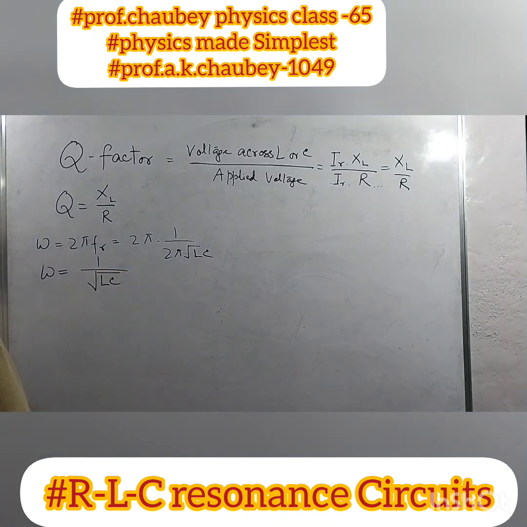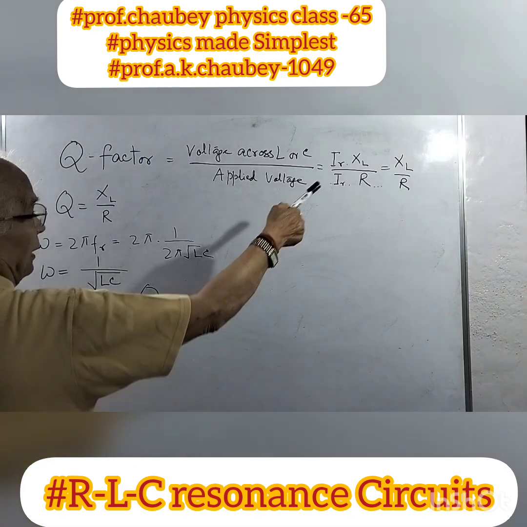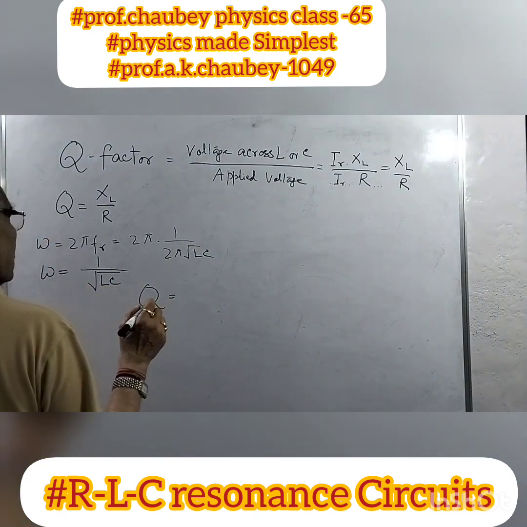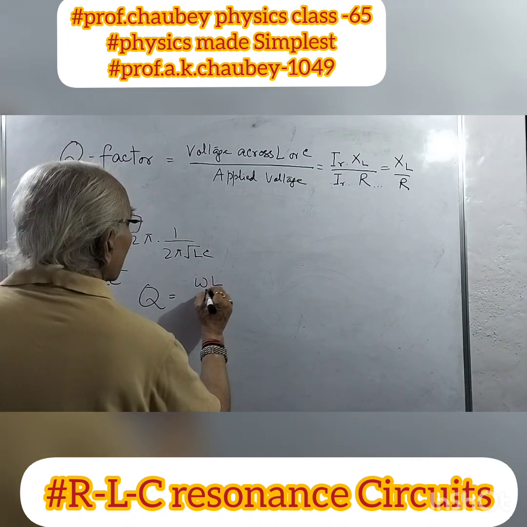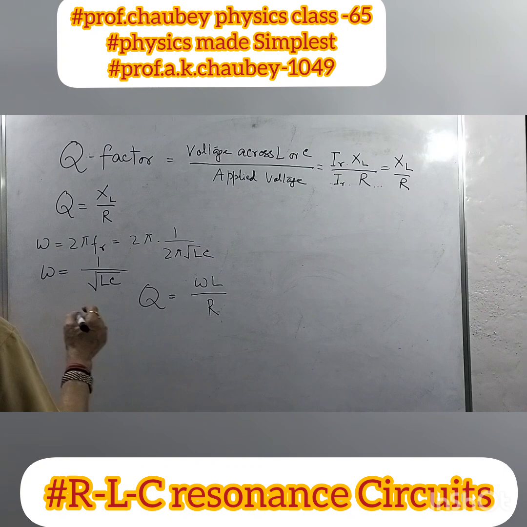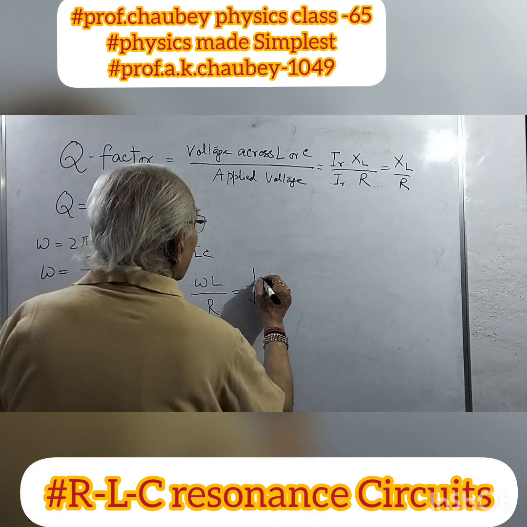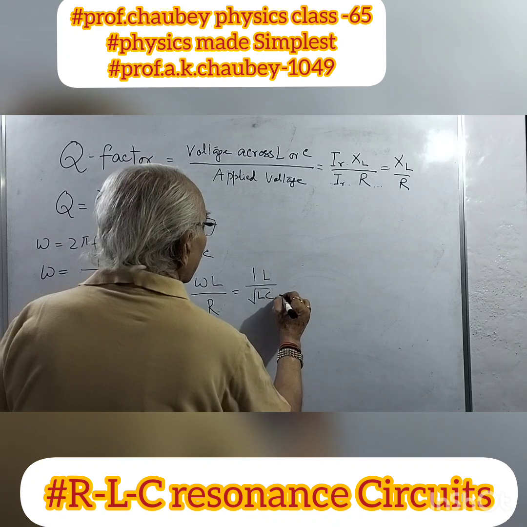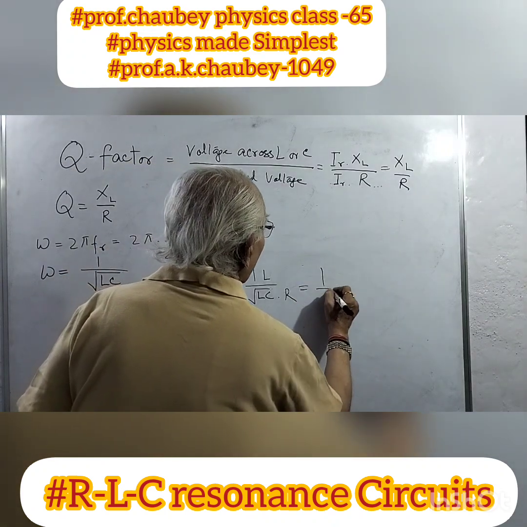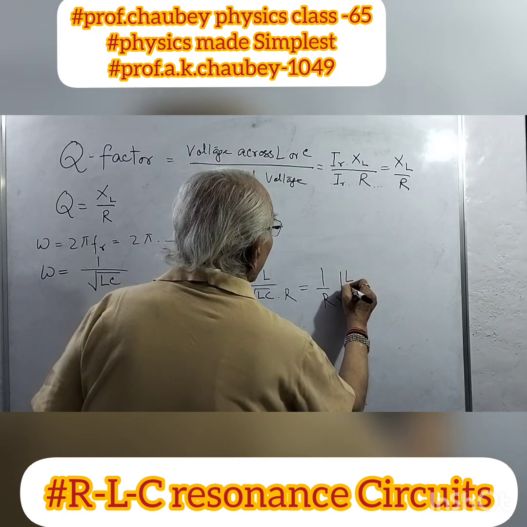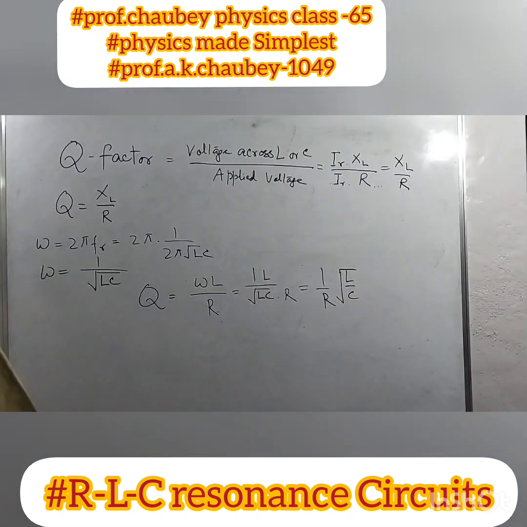And the Q factor is equal to XL over R, and XL means omega L, so omega L over R. With omega as 1 over under root LC, we get under root L over C over R. This is the quality factor of the circuit, 1 over R under root L over C.